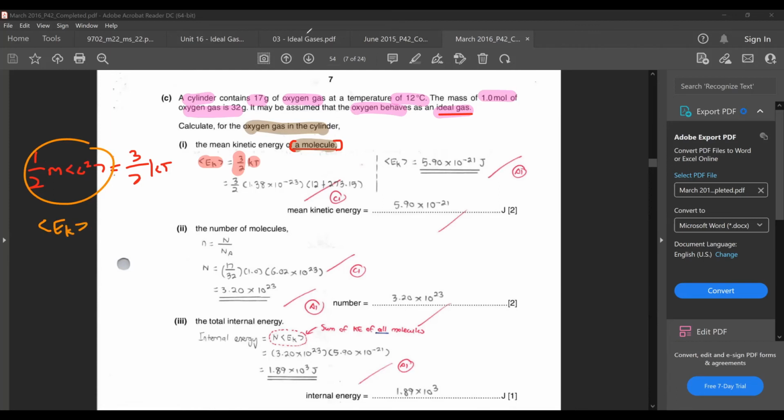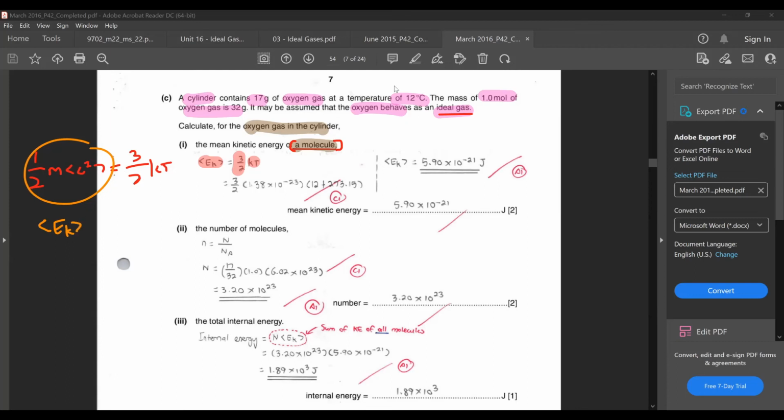You don't have the mean square speed, that's why you cannot use this straight. But you have the other one, which is 3 over 2 kT. You don't use half mc squared here because you do not know the c squared value. But you know the value of the temperature and the Boltzmann constant. So you use 3 over 2 kT.